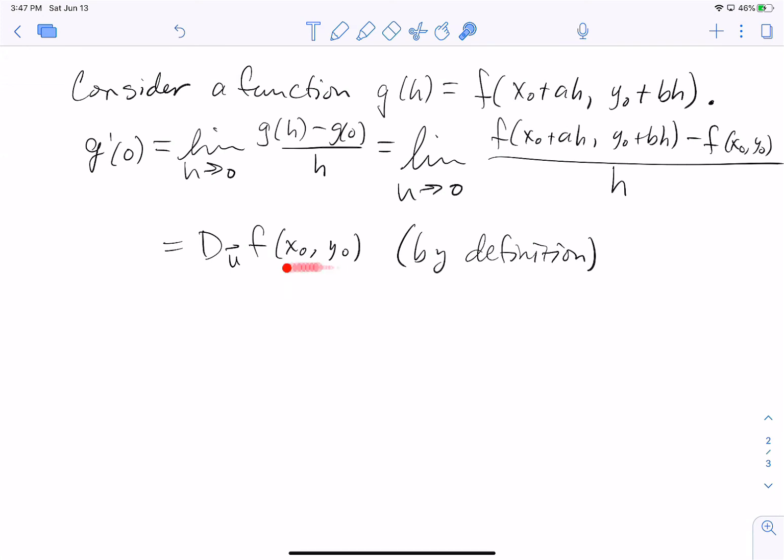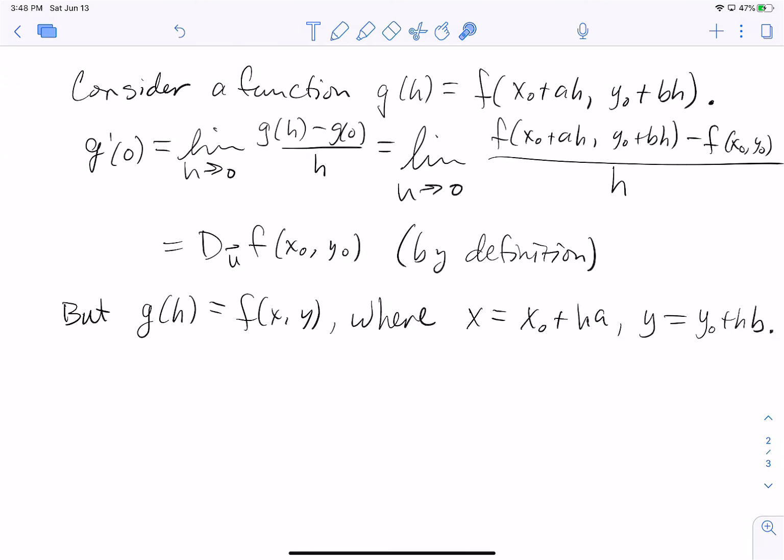And you say, well, that's just what we came up with. I know, but what we're saying is that's one way to express g prime of 0. Looking through another lens, we can say that g of h is equal to f of x, y, where x equals x naught plus ha, y equals y naught plus hb, and now what we have is a function f of x, y where x depends on h and y depends on h.